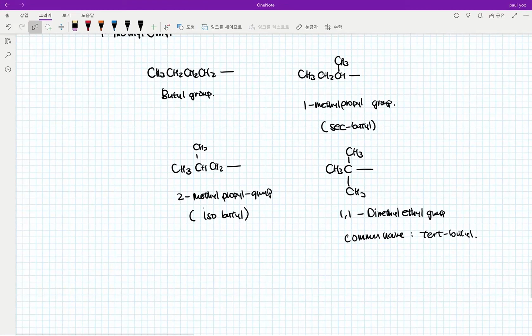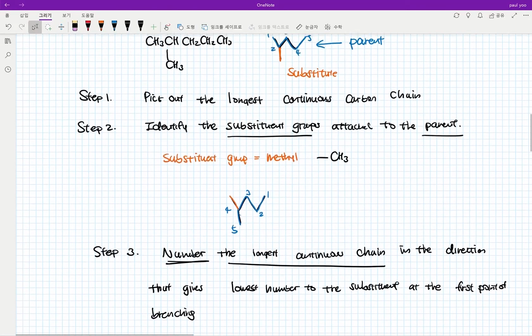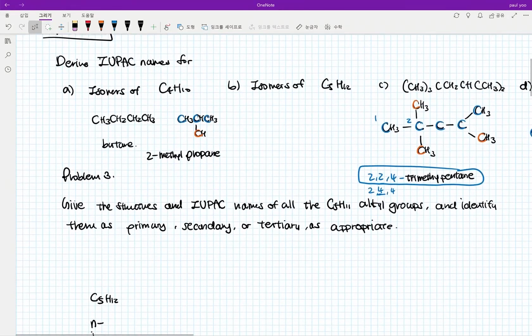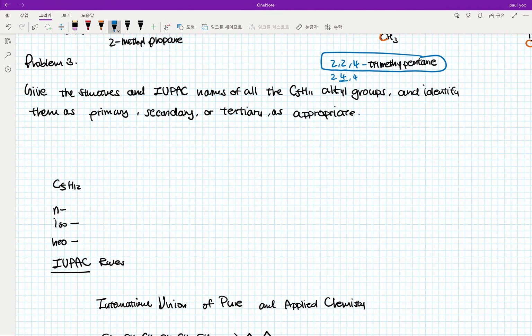Okay, let's go to problem 3. Give the structure and IUPAC name for all C5H11 alkyl groups and identify them as primary, secondary, and tertiary as appropriate.